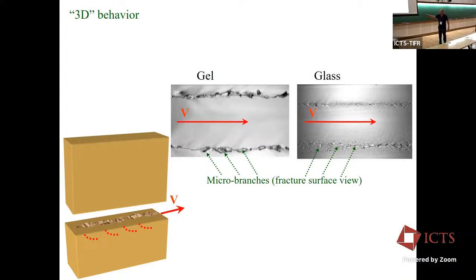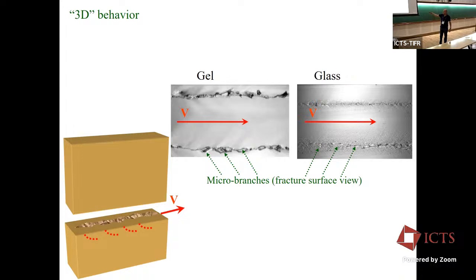So this is our two-dimensional sheet, and this is the third dimension that's hidden. So this is the thickness of our sheet. And these are photographs of the fracture surface after the fracture passed. And each one of these things is a microbranch. So each one of these microbranches bifurcated, died, the crack ran forward, then we get another microbranch and so forth.